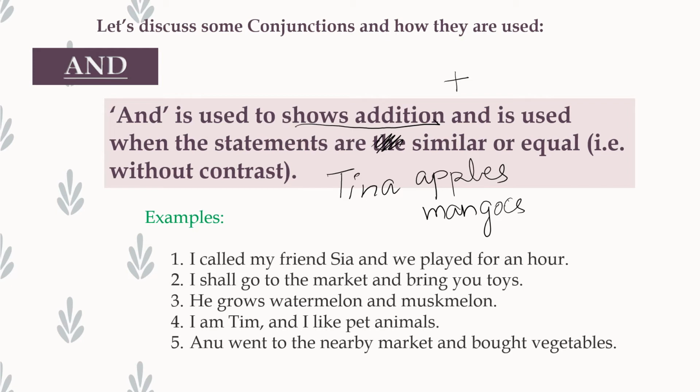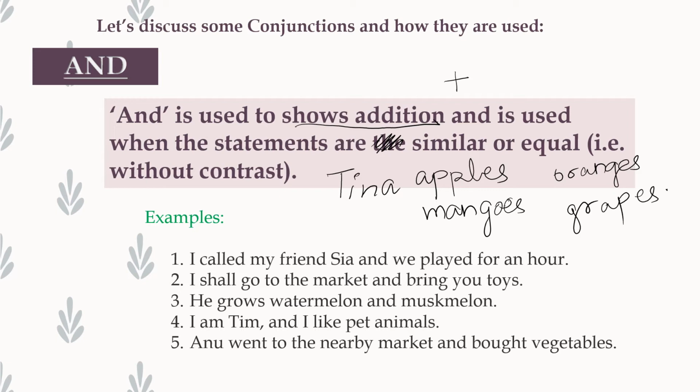So let's write the name of some fruits over here. If we don't use conjunctions in a sentence, how do we say it? We'll say Tina bought apples, Tina bought mangoes, Tina bought oranges, Tina bought grapes.